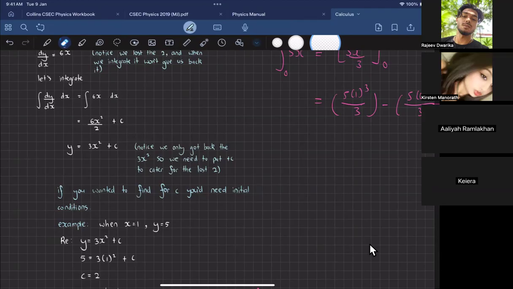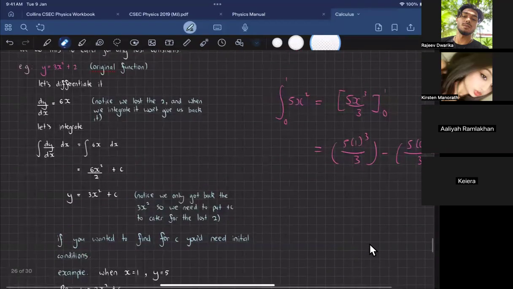Aliyah, why do we need to put plus c? Explain that fast. To cater for the things you lost.